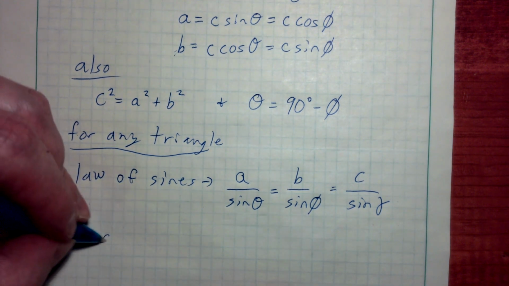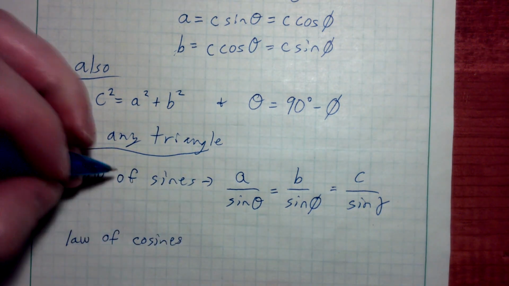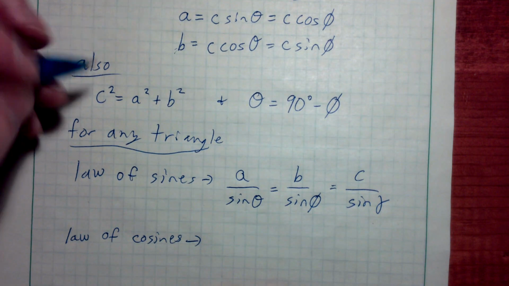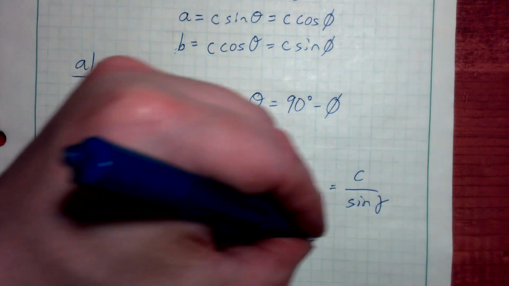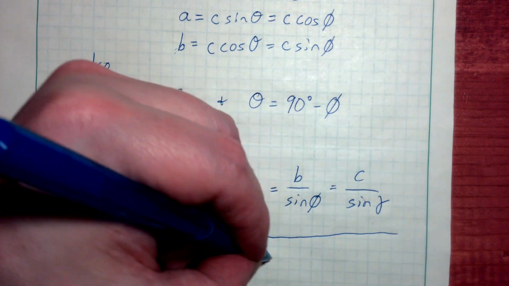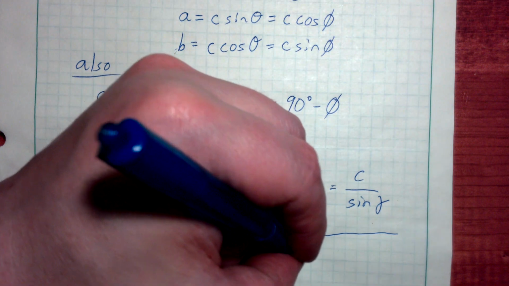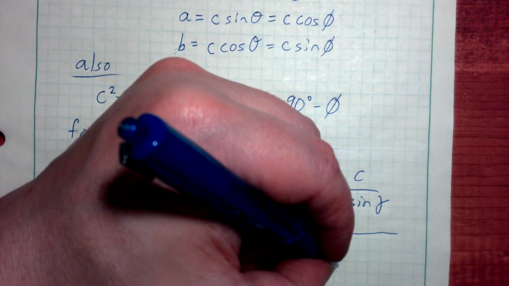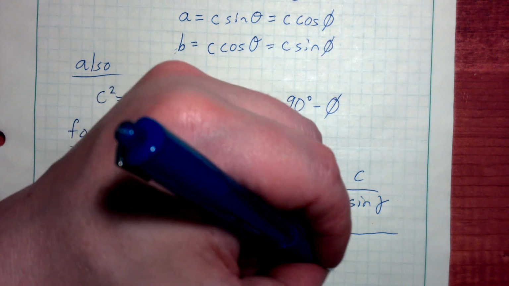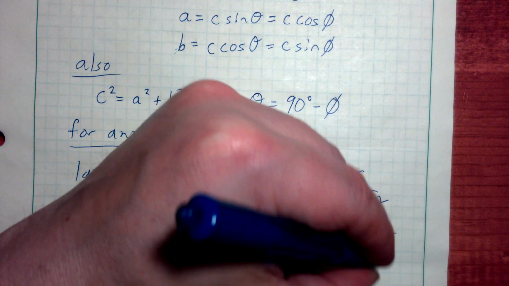You also have the law of cosines. The law of cosines says that c is going to equal the square root of a squared plus b squared, minus 2ab cosine gamma.